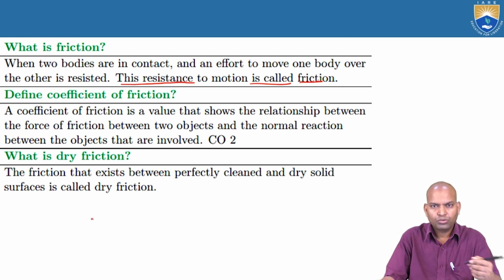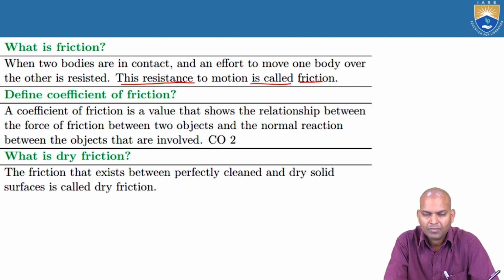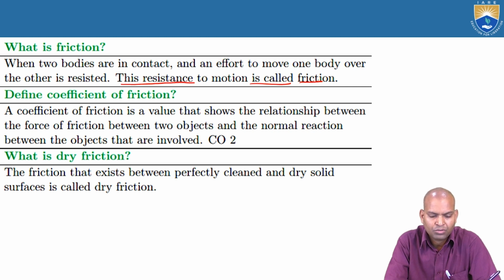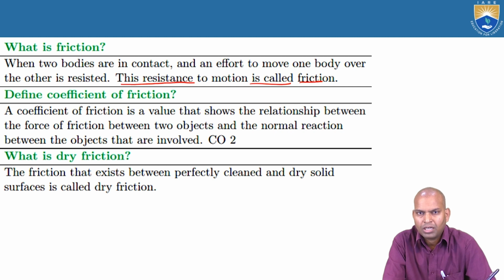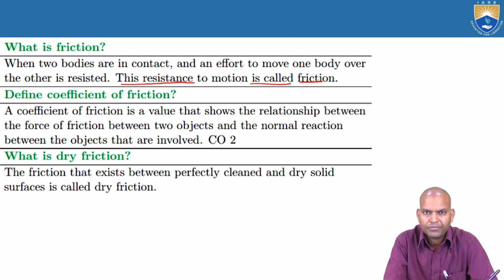How to quantify this friction? Friction is quantified in terms of a factor known as the coefficient of friction. So what is the coefficient of friction? It is a quantity that tells how much friction there is between the two bodies.